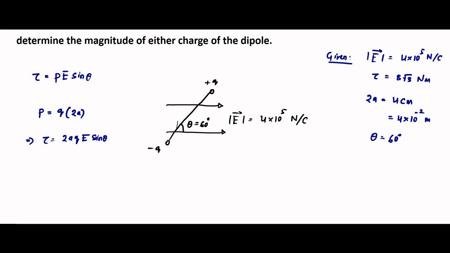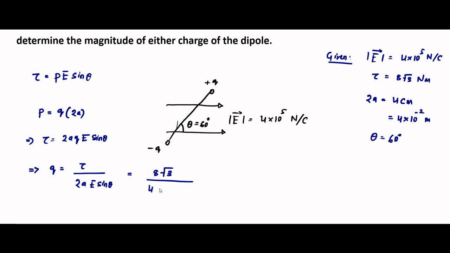If we want to determine the value of Q, that implies Q is equal to tau by 2AE sine theta.